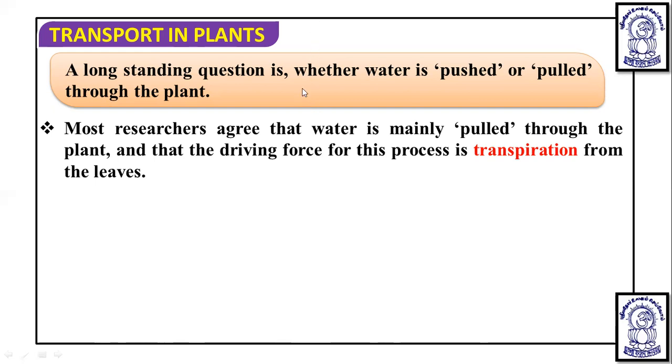It is responsible for the pulling force. Most researchers agree that water is mainly pulled through the plant, and the driving force for this process is transpiration from the leaves. So in transpiration pull, the pulling of water takes place, and in root pressure, the pushing of water takes place.